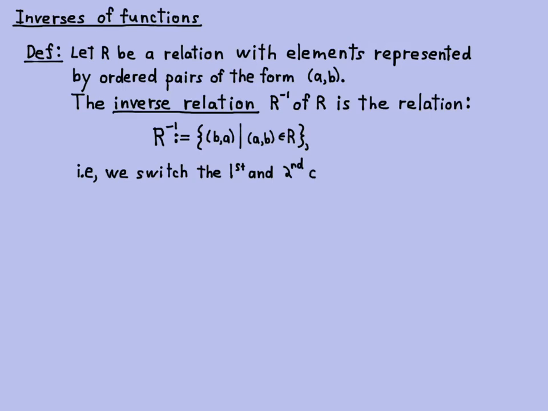All we do to find the inverse of R is switch the first and second coordinates of each point in R, and that gives the set of all points in R inverse. Some people say you switch the x and the y. If the first coordinate is x and the second is y, then you're switching the x and y coordinates.